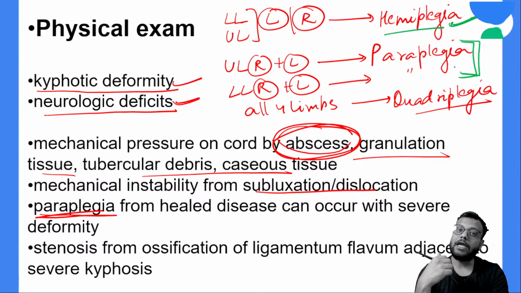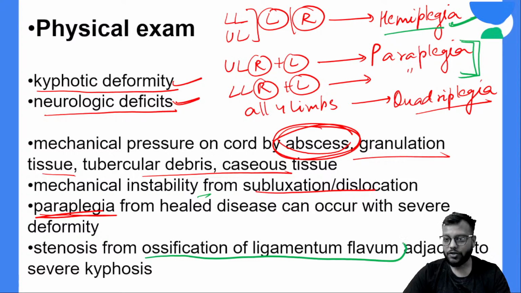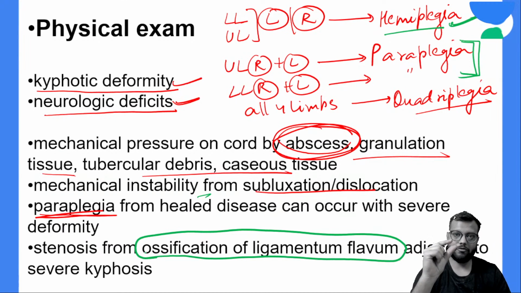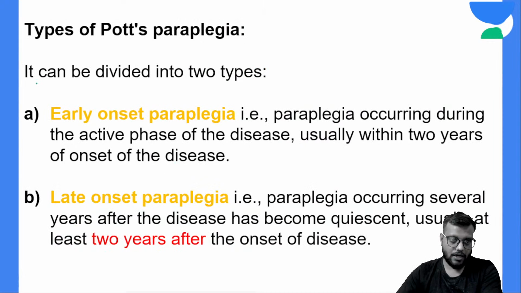Now in case of advanced stage, there will be healing, so it can lead to ossification of the ligamentum flavum, which can lead to stenosis. What is stenosis? Stenosis means space कम हो जाना. So there will be obliteration or stenosis and severe kyphosis, and all this will lead to the neurological deficit or neurological symptoms.